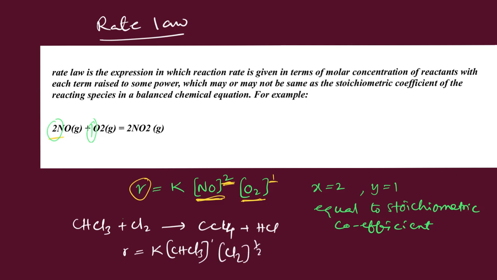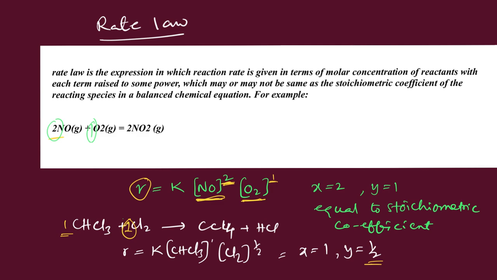Then x is equal to 1, y is equal to 1 by 2. These may not be the same as the stoichiometric coefficients. Yes, stoichiometric coefficient 1 is there and here 1 is there, but this is not equal to this 1 by 2. That's why keep in mind this is experimentally determined.